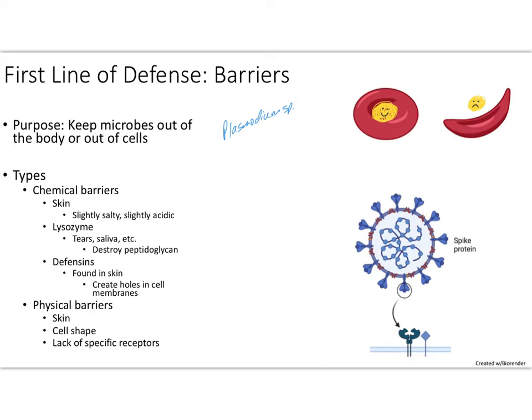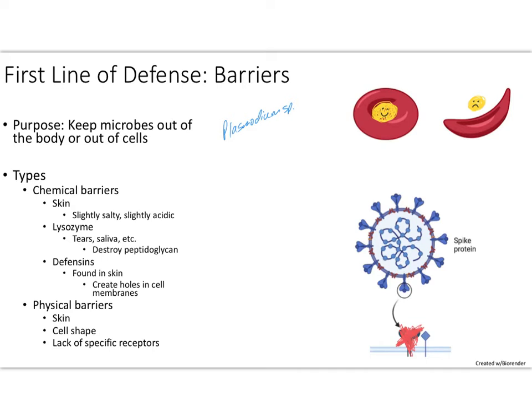But let's say that receptor was shaped just a little bit differently or just didn't exist at all. If it was shaped differently, then the virus would not be able to attach to it. Or if that receptor was completely gone, the virus has nowhere to attach to, and if it can't go through the adsorption stage, it can't go through any of the other stages of replication and can't make the person sick.